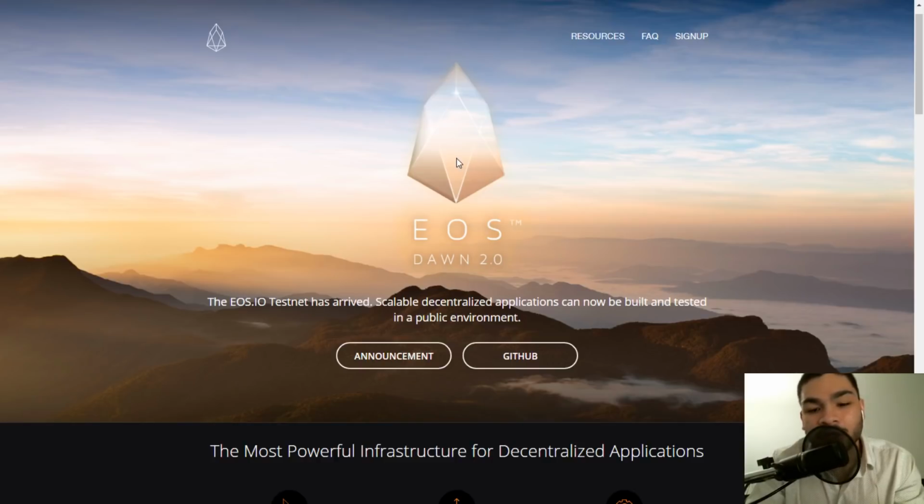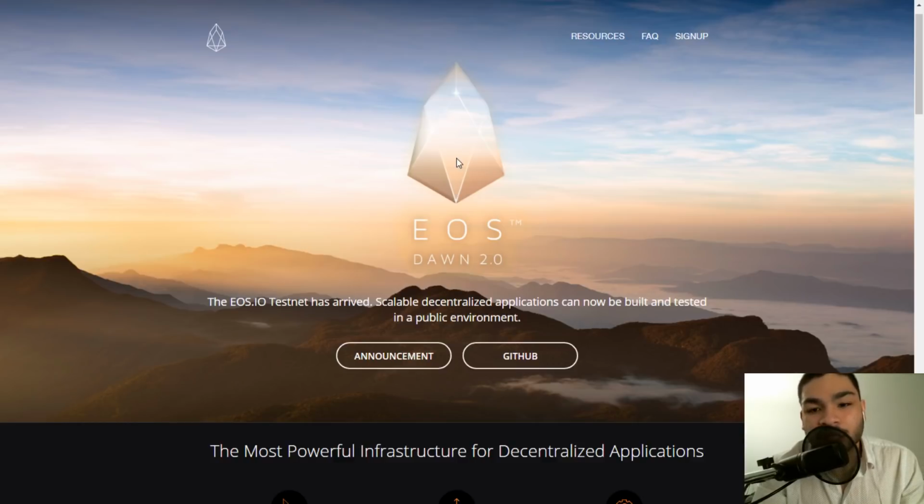Instead of downloading it onto your actual hard drive, WebAssembly lets you compile that code and then just run it in the browser. So you don't even have to download it. You can just go on the internet and run programs in the browser. So that, with Web 3.0, with decentralized internet, is a pretty big deal.